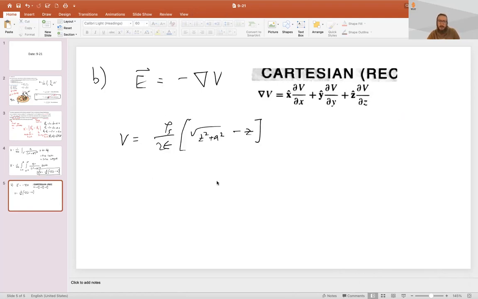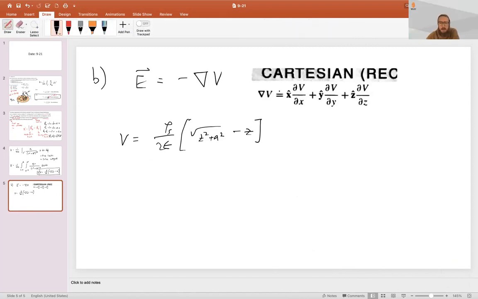Does it have any x? What's the partial derivative of this with respect to x? 0. Yeah, that one's 0. What about with respect to y? 0. Yeah, that one's 0. So you really are just going to have this.